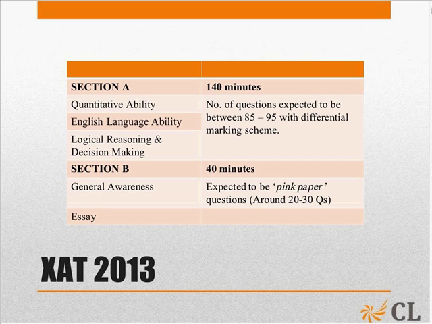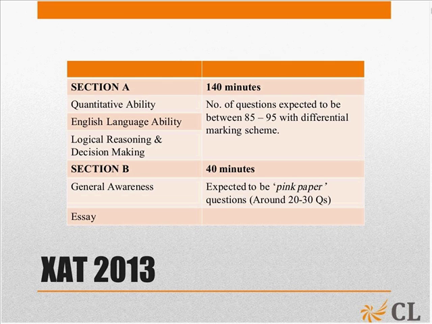What is expected is pink paper type of questions. When I say pink paper, it's Economic Times and Mint kind of questions, so economics, socio-political issues, and so on. What we understand is about 20 to 30 questions, and there will be an essay. Typically, last year, section B, the essay section, had 20 minutes. So another 20 minutes got added for the GK questions.